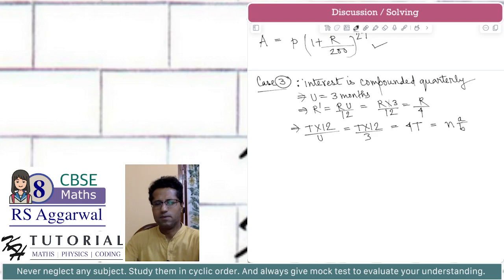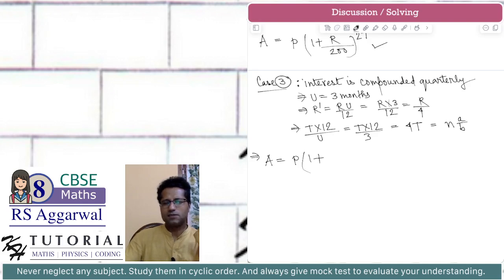So the formula becomes A is equal to P into (1 plus R dash, which is now R by 4, so R by 400) to the power n, multiplied by (1 plus a by b into R by 400).